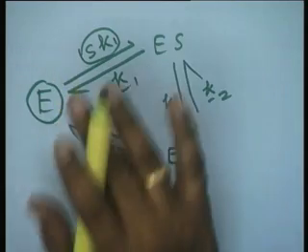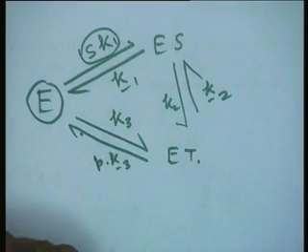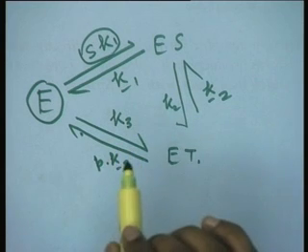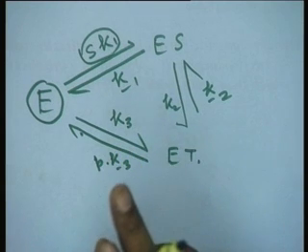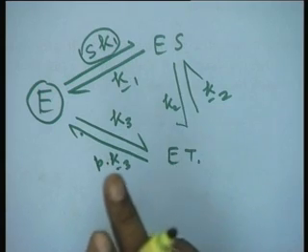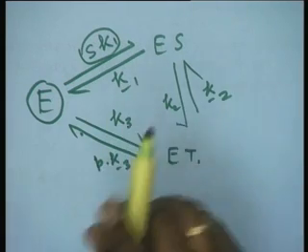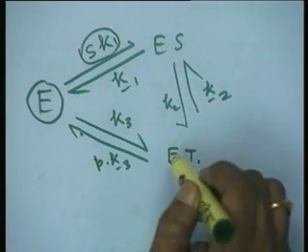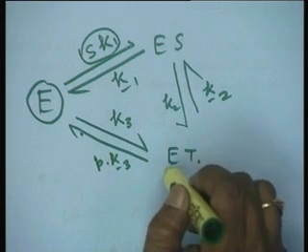Now we consider each enzyme species in a sequence. For example, we take E and consider all the possible pathways by which E is formed in this cyclic manner. Now E can be formed by all the possible pathways involving n minus 1 steps. That means if there are n enzyme species, here 3, then n minus 1 steps are involved in each pathway.